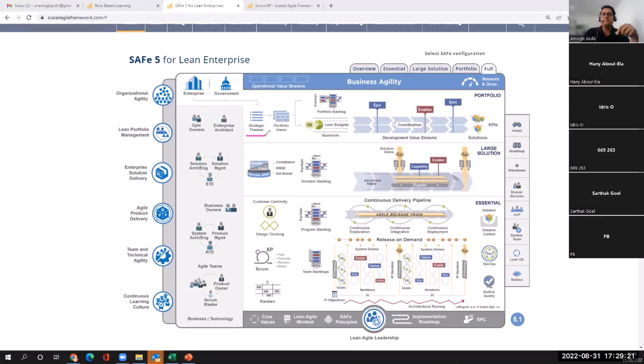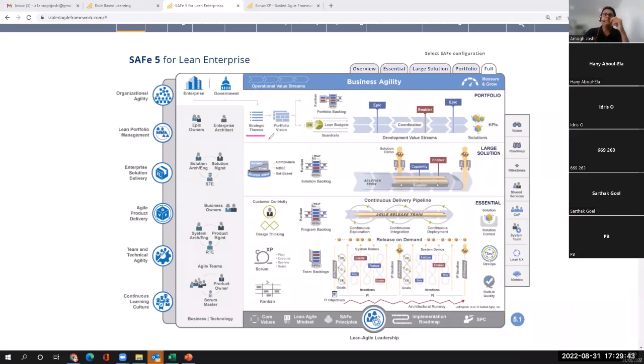One of the strategic themes might be, let's say, increase 50% revenue year on year by selling ancillaries. So by selling ancillaries, we'll generate 50% revenue year on year. That is a strategic theme. Ancillaries means anything apart from seats.